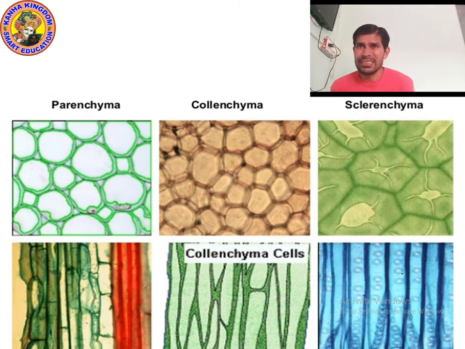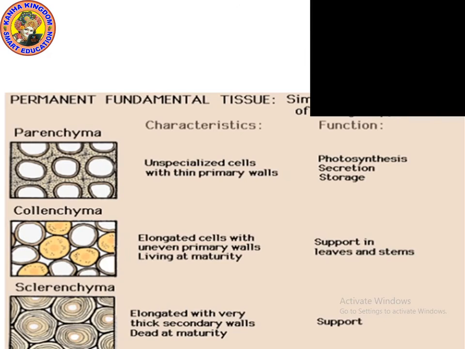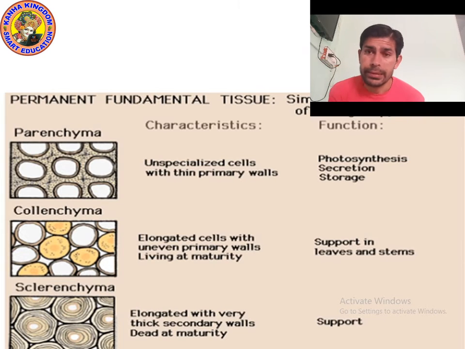Now, let's write their characteristics and functions separately. Let me show you one more diagram. Okay, kids, I have shown the picture of parenchyma, collenchyma, sclerenchyma at first, and in front of them I have written their characteristics, and at last their function.